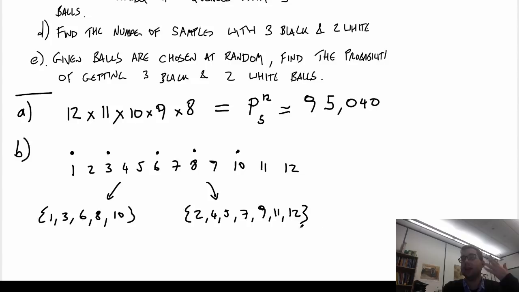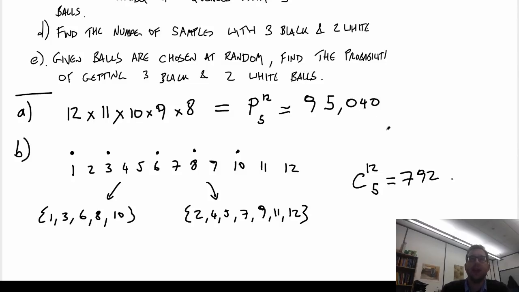When we get in that kind of situation, we look at combinations. So we've got 12 combination 5, which is also equal to 12 combination 7. You can do the calculation and you're going to get 792. That's just another way.